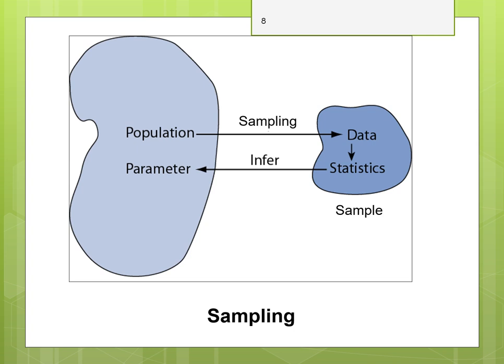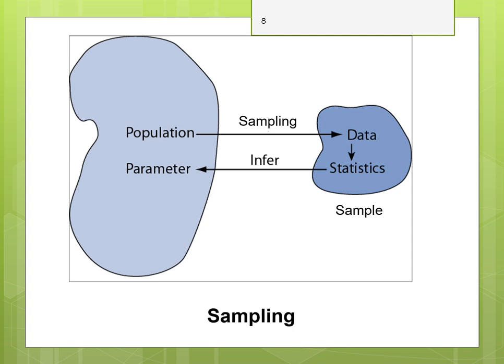Because we want to use the sample to infer the population. So that means the sample must be close to the population. In this population, there will be men and women. So we cannot just choose women to be the sample.